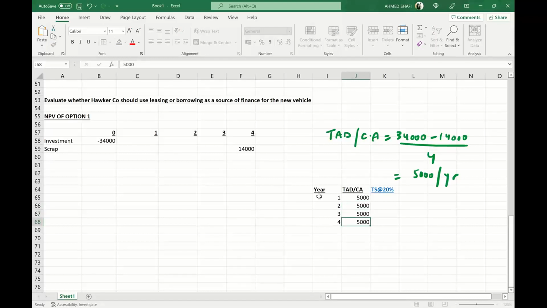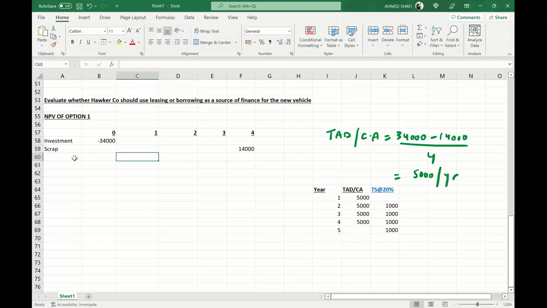This depreciation of 5,000 each year will reduce profits by 5,000, resulting in tax savings of 20%. 5,000 into 20% is 1,000. But since tax is paid in arrears, the year 1 benefit is going to come in year 2, year 2 benefit in year 3, year 3 benefit of 1,000 in year 4, and year 4 benefit in year 5.